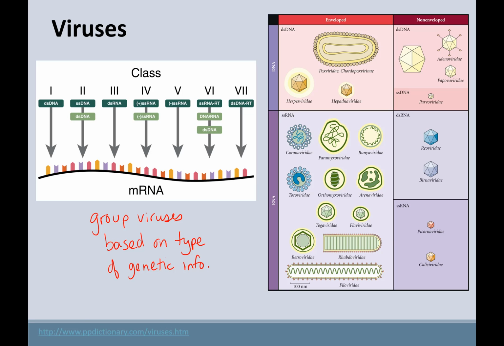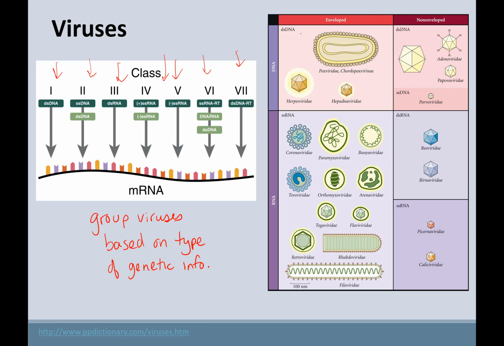So you can see double-stranded DNA, single-stranded DNA, double-stranded RNA, single-stranded RNA, single-stranded RNA that does reverse transcription, that's like HIV, and double-stranded DNA that does some weird reverse transcription. So if this stuff gets you excited, come take my virology class sometime. The course is actually called Advanced Topics in Microbiology, so sometimes it's kind of hard to find, but I'm guessing it will be offered next spring.